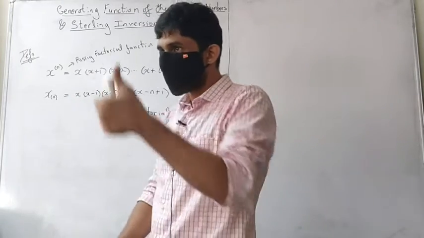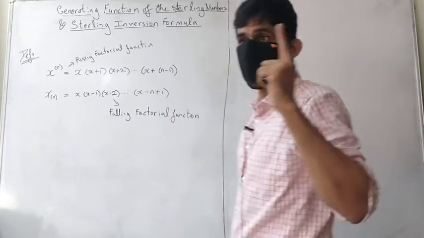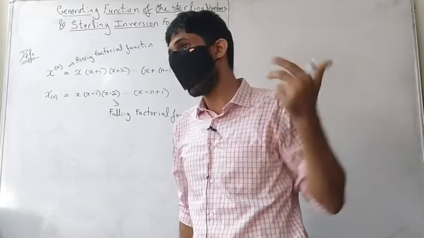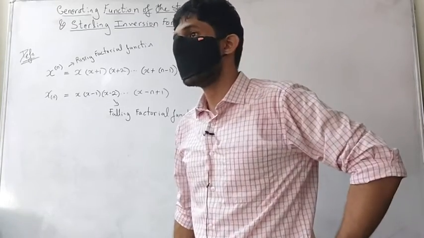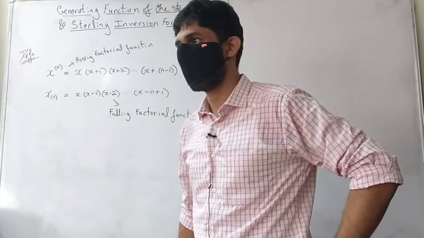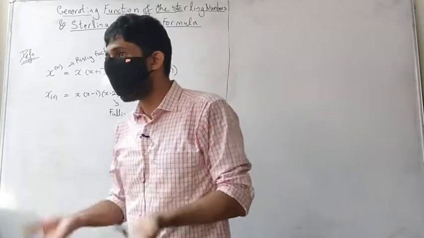Okay, so 1 is a constant polynomial, x1 is a polynomial of degree 1, x2 is a polynomial of degree 2, up to a polynomial of degree n. Can you say that this is going to be a linearly independent set? In fact, you can say something even more than that.